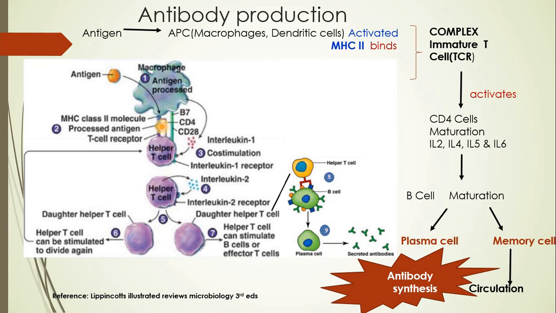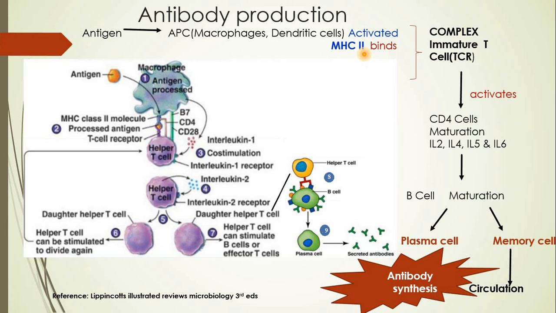So how is this processed antigen observed in association with MHC II? Because the antigen has been engulfed by the macrophages or the dendritic cell, wherein the metabolic activities of the antigen will lead to expression of the antigenic proteins, which will always be seen in association with MHC II molecule.